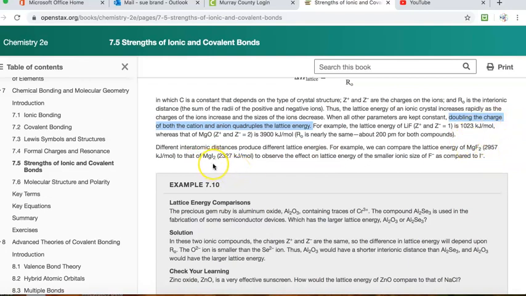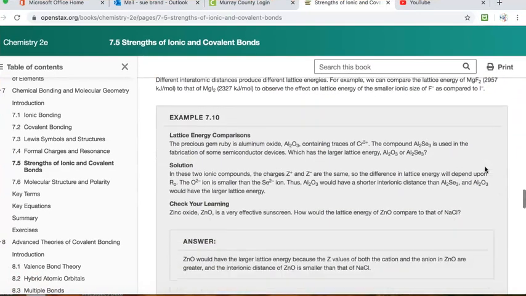It's higher on the periodic table, so it's smaller. So you can see the lattice energy differences here. For MgF2, it's higher than MgI2. And that's because of the smaller ionic size of F minus compared to I minus. Okay, so the smaller the size, the greater the lattice energy strength.